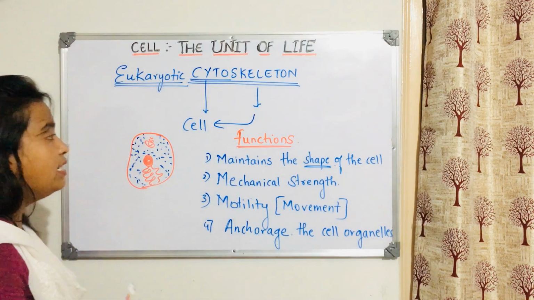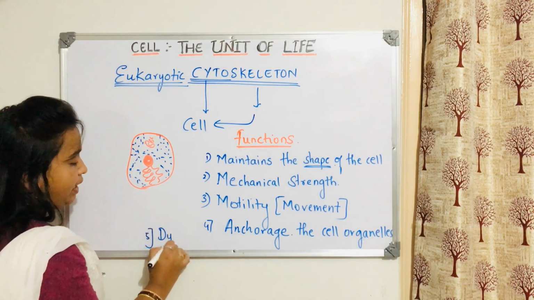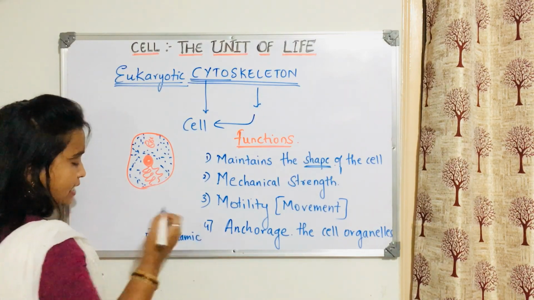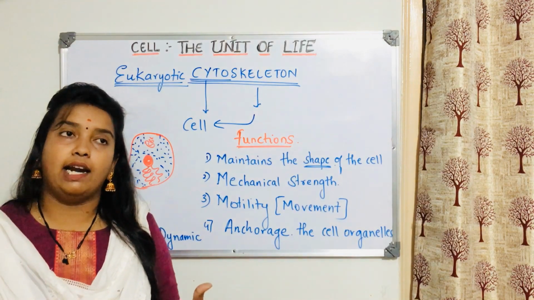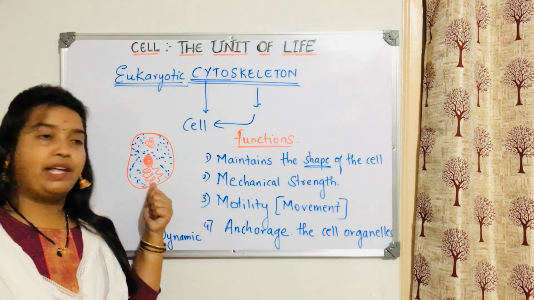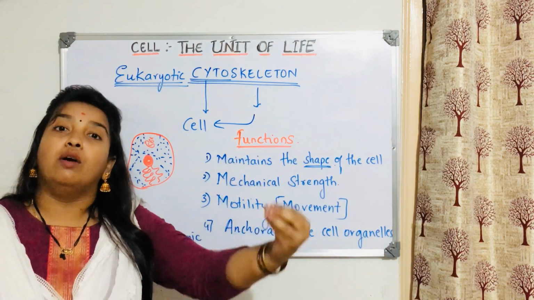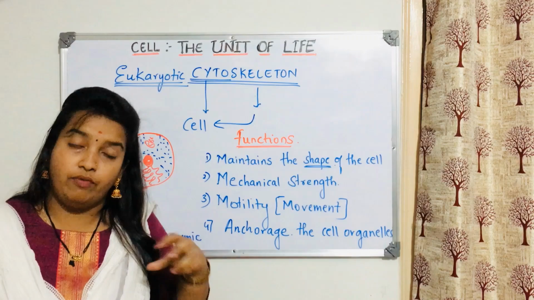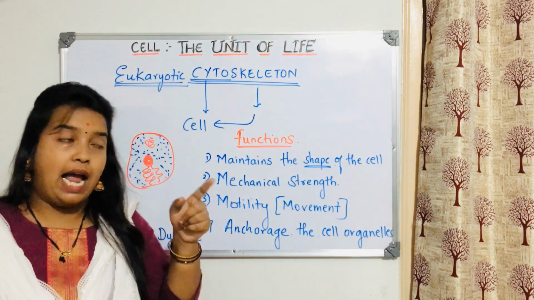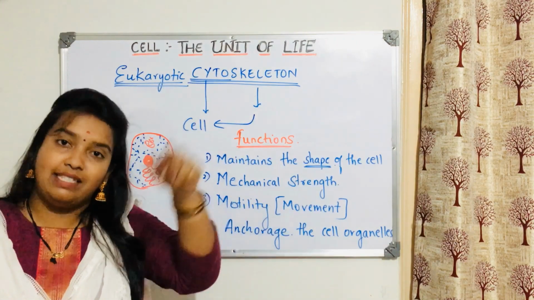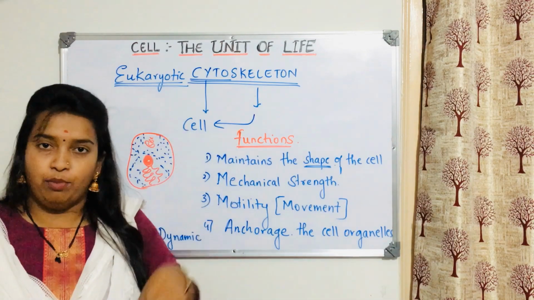There is one more thing: remember, the cytoskeleton is also dynamic in function. For example, we have already done vesicles. The endoplasmic reticulum has ribosomes, so they produce proteins, and ultimately vesicles are formed, which need to go to the Golgi bodies for packaging. The Golgi body will pack them and then send them out of the cell sometimes, or within the cell those vesicles need to move.